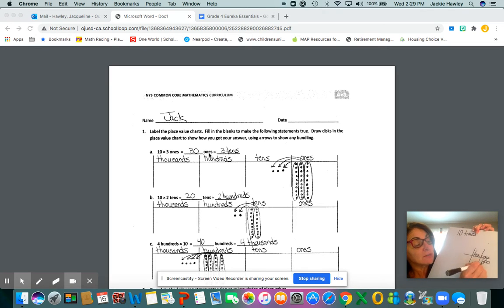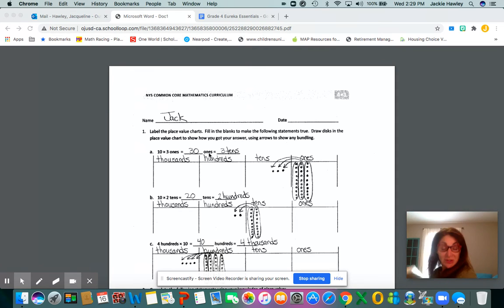So that means we would do this 10 times. And I'm not going to do it quite 10 because I want to make this a short lesson. But basically, you can see in the picture what this student did. They bundled their ones and moved them over to 10. So you have your 3 tens.